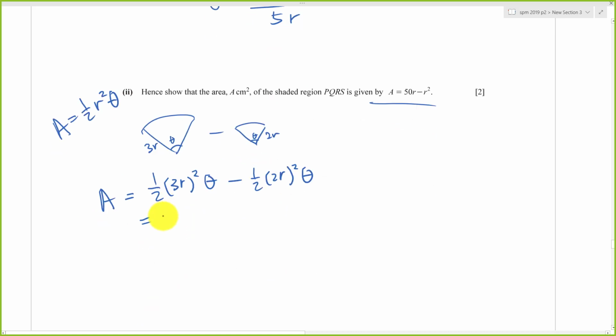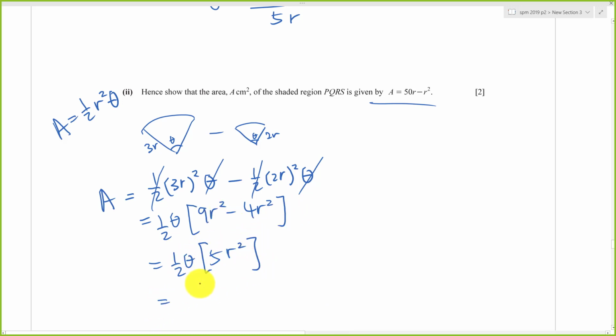I will take out half theta first because both have half theta. So this is 9R squared minus 4R squared, isn't it? When I factorize out the half theta, I get half theta, and then this should be 5R squared.